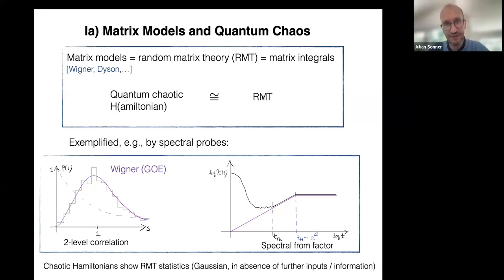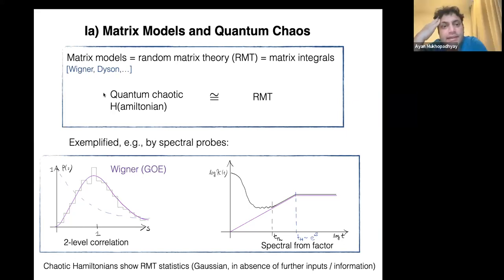RMT here stands for random matrix theory. So you can characterize the spectrum of a given physical system by instead thinking about matrix integrals. This is the idea that was first formulated by Wigner and much developed by Dyson and Mehta. So how does this work?